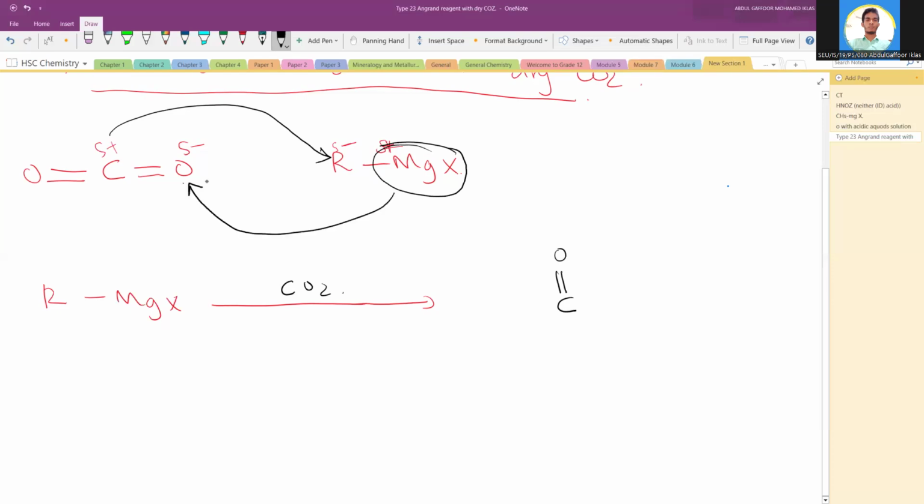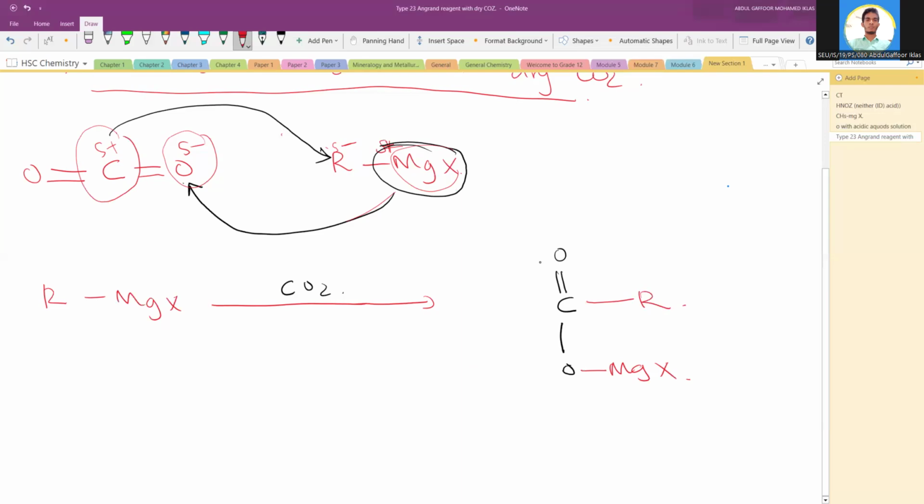So we are going to combine them: R, C double bond O, and here also O. But we are going to eliminate this pi bond, and the MgX in the Grignard reagent will come and join with this delta minus oxygen. And then with this carbon, this R will join. So R will come and join here. Is that clear?